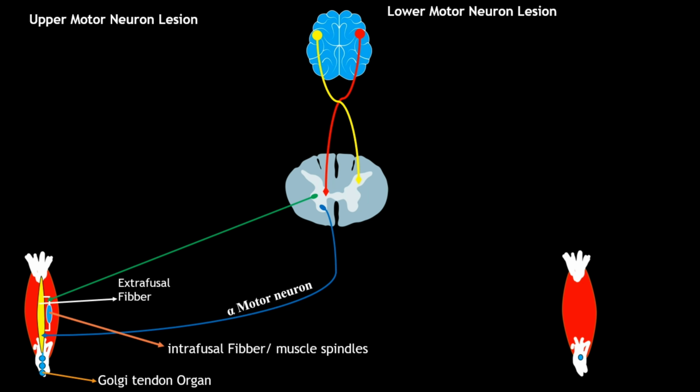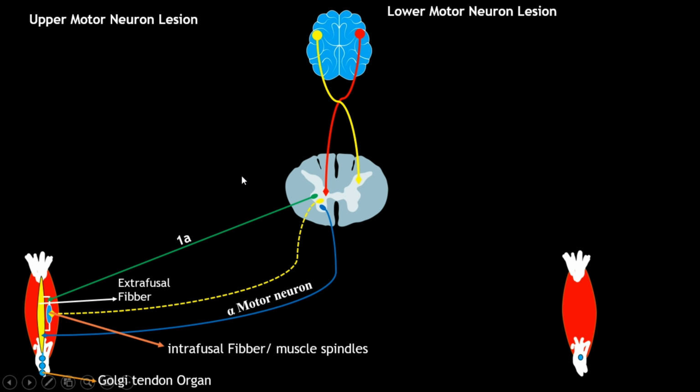So if you increase the stretch in the muscle, the action potential will increase in the spindle fibers, and it will send back to the spinal cord, and it will activate the alpha motor neurons, and the alpha motor neurons will contract the muscles.